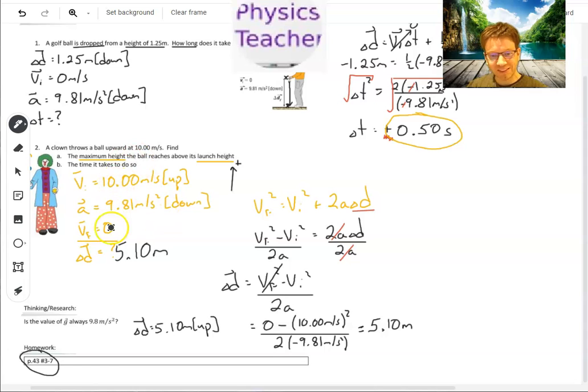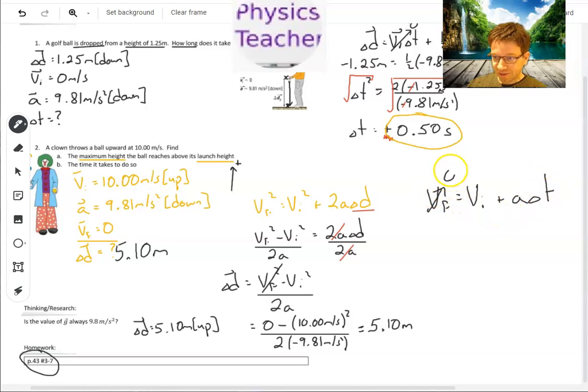Although it's probably best to use the one that doesn't have displacement in it, because then you're not introducing extra round off error from previous calculations. So in that case, we would use this one. It's our first one. So final velocity equals initial velocity plus a delta t.